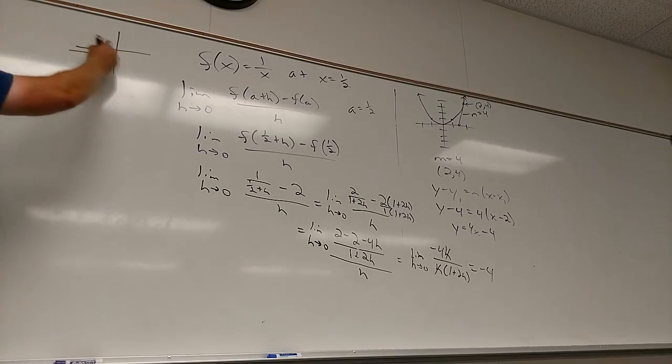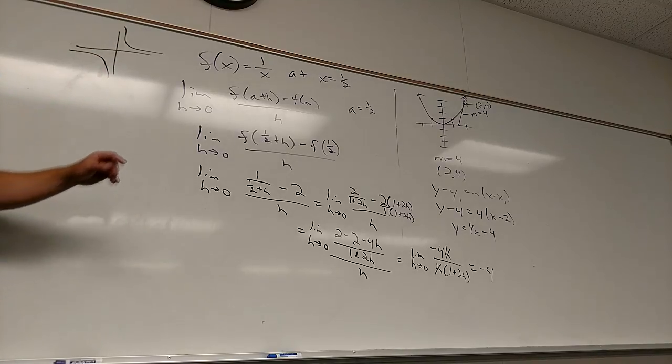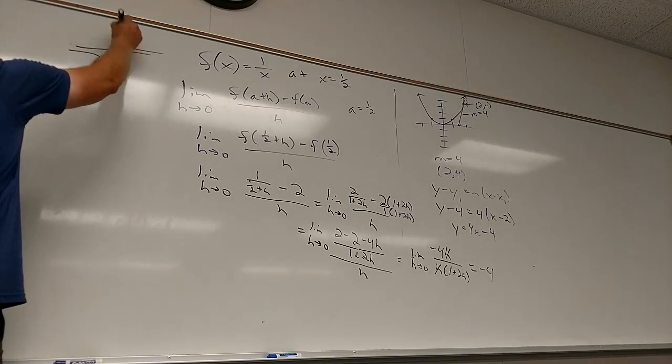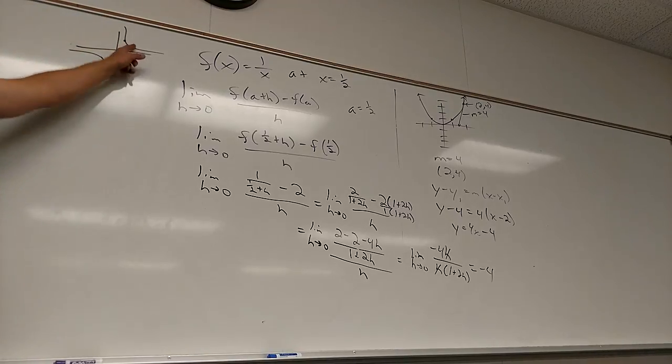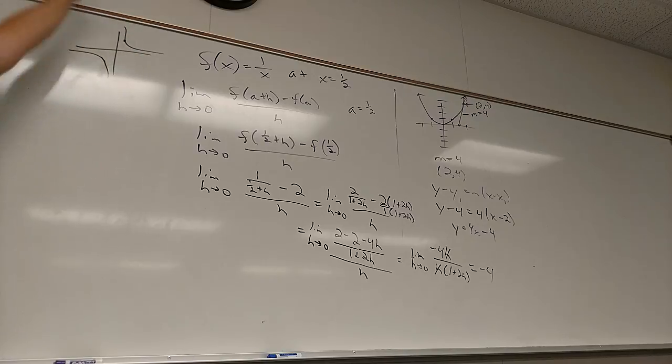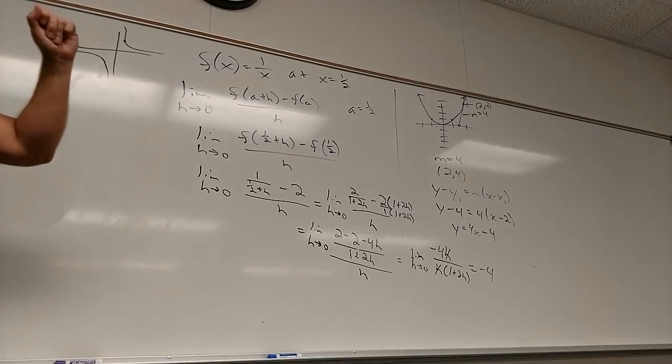So it's this guy, where this is still a function. I'm at 1/2, so I'm like here. So it makes sense the slope is negative, right? Because this would be 1, because that's where 1 over 1 is 1. So that's 1 at the curve. I'm back here, so I should have a big negative slope. So negative 4 slope makes total sense.